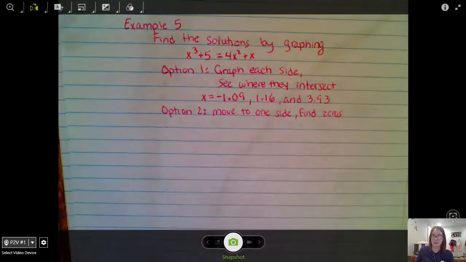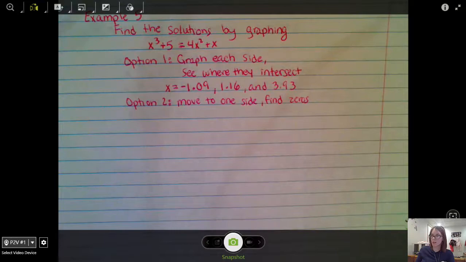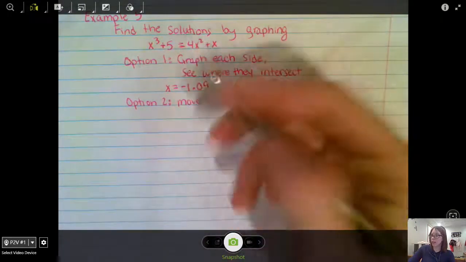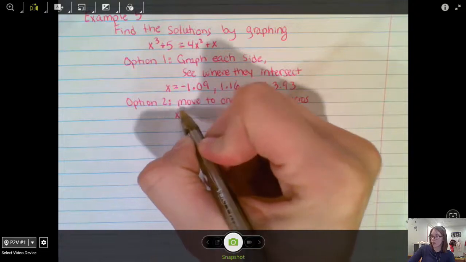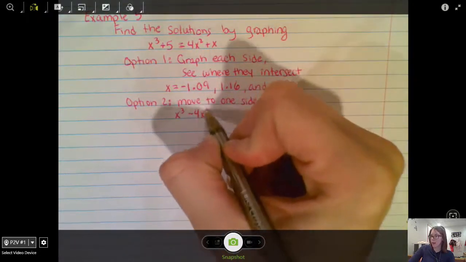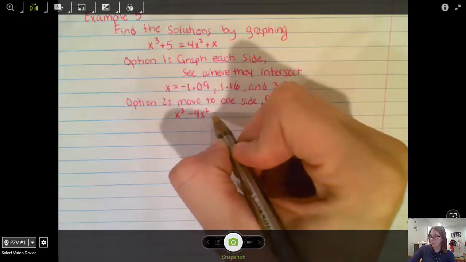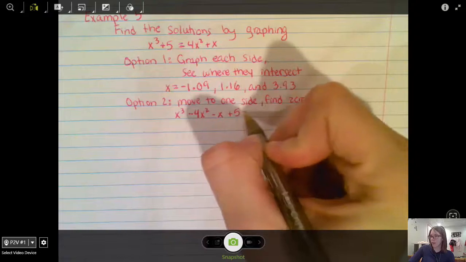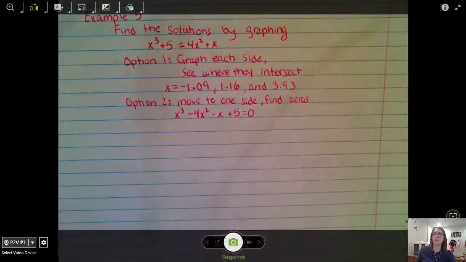Finding our x-intercepts then. If I do that, I need to move my 4x squared and my x to the other side. Get x cubed minus 4x squared minus x plus 5 equals 0.